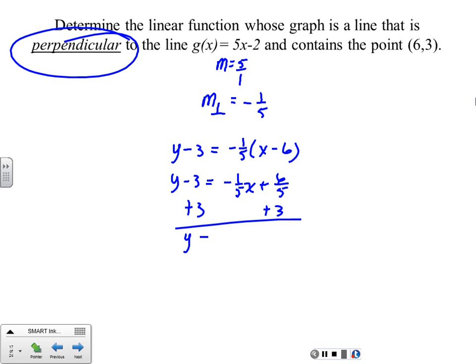And so you're going to have y is equal to negative 1/5 x. Handy dandy calculator. 3 plus 6/5, 4 and 1/5. If you don't like that, that's fine. Either way.